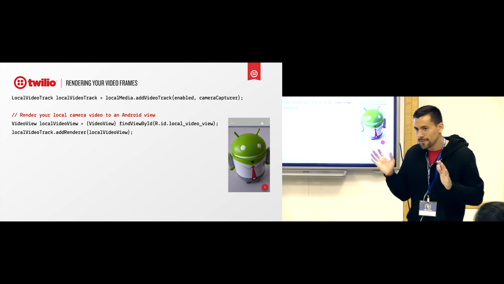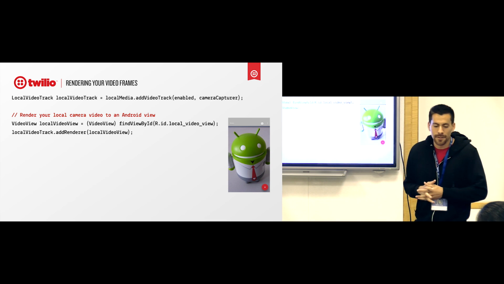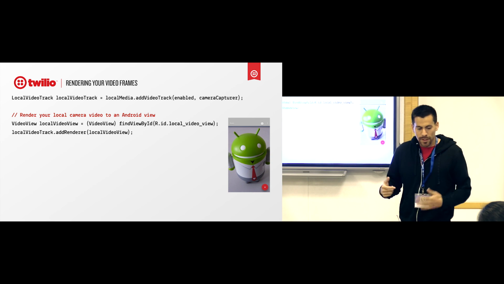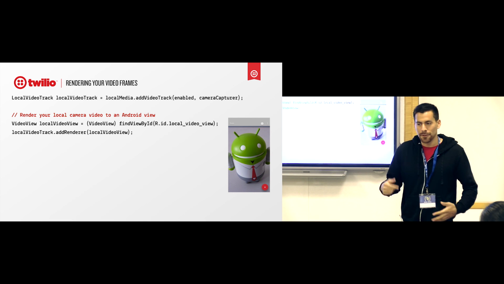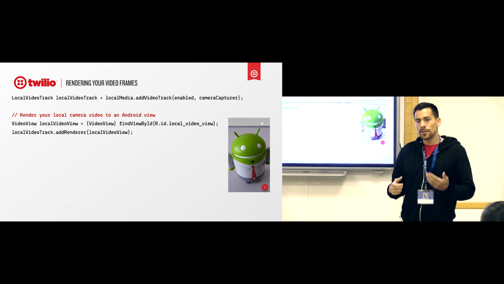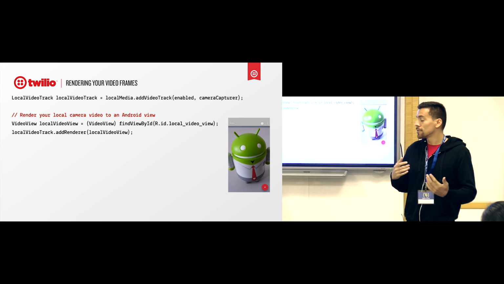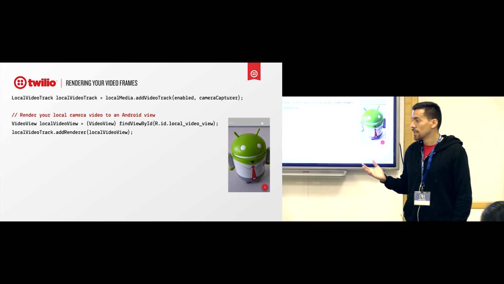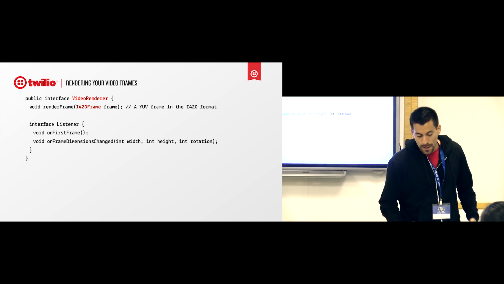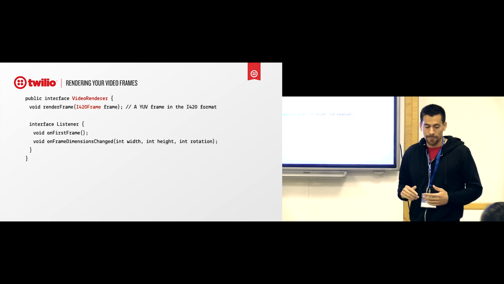Okay, so I spent a lot of time on capture. Let's talk about rendering now. We've seen a lot of rendering so far, and rendering is also pretty straightforward in terms of the API. Once you have a local video track, you can add as many renderers as you'd like. Most renderers will render to views, but you can also do some custom things. The video renderer interface itself is really simple.